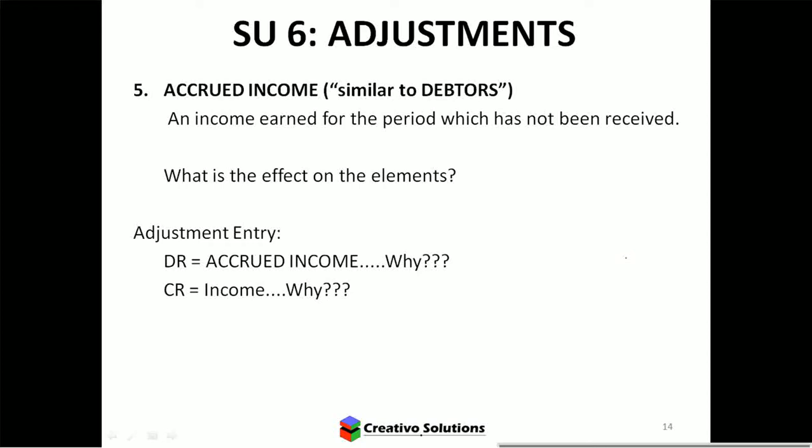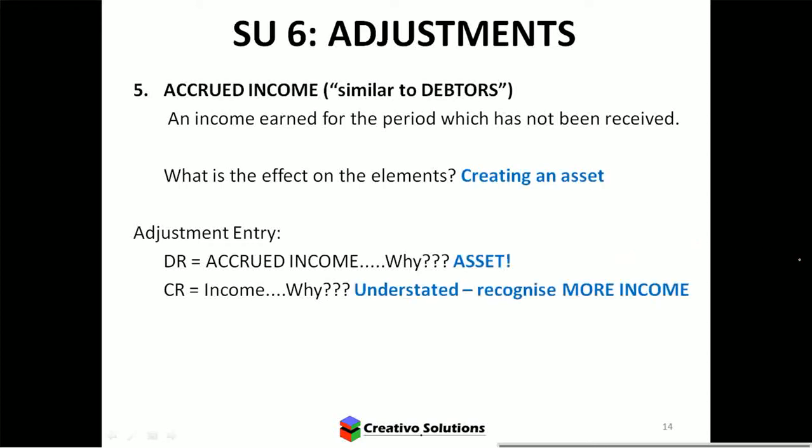So now you're creating an outstanding amount that's going to come to the business eventually. Do you agree? Yes. Okay, so creating an asset, we're going to debit the asset and we're going to credit income for the understatement. Is that okay? Yes. Okay.